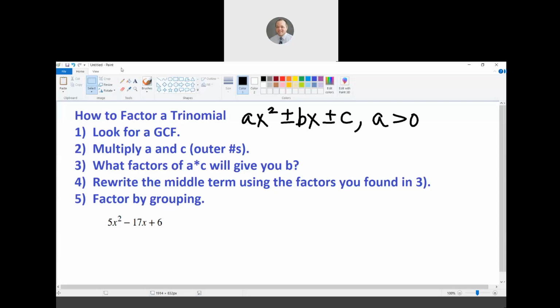In other words, what factors of A times C, or your outer terms, will add or subtract to give you your middle term B? Step 4, rewrite the middle term using the factors you found in step 3. And the last step, and this is why I spent so much time on this method, the last step is factor by grouping.